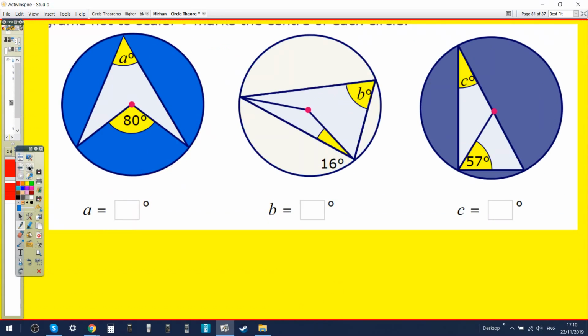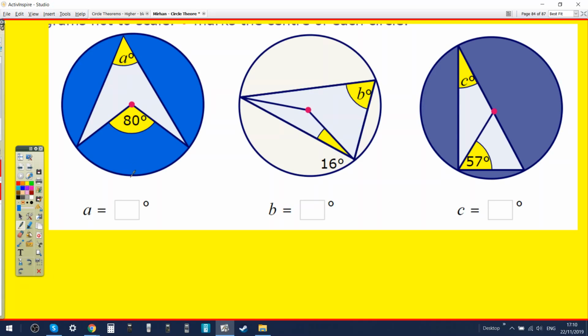So this one, hold on a sec. Any idea what the angle A is here, how this one works? The angle at the circumference is half the angle at the center.